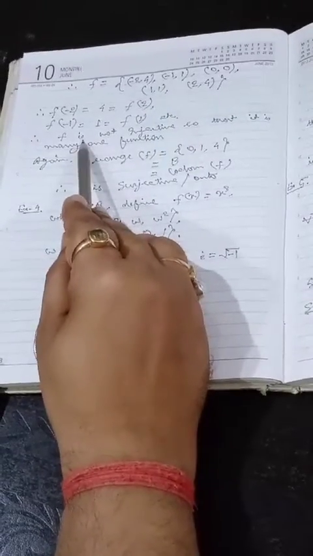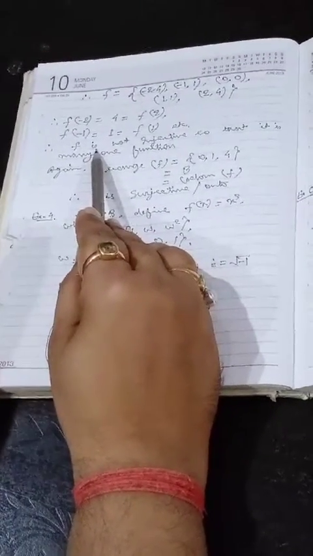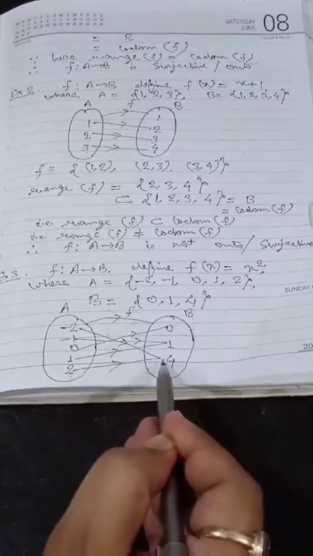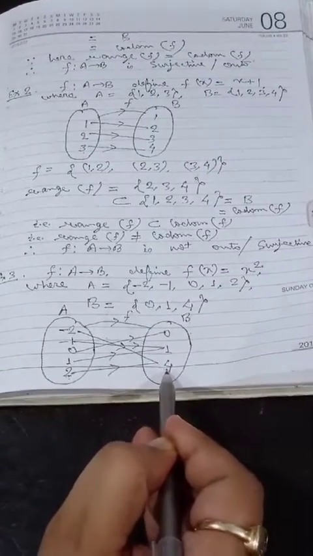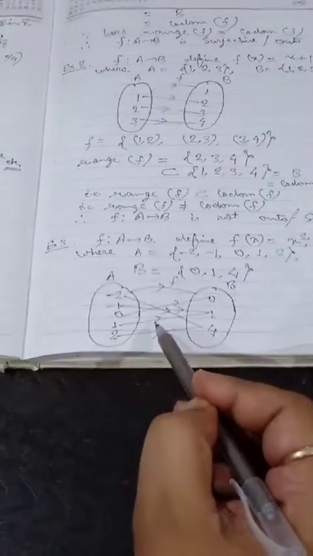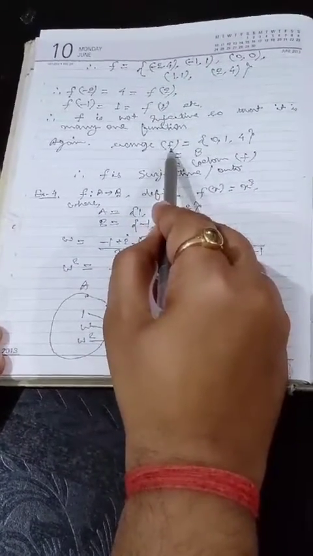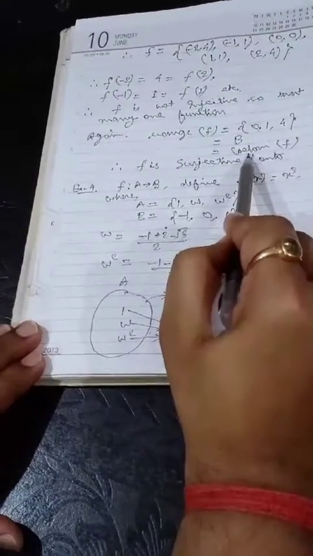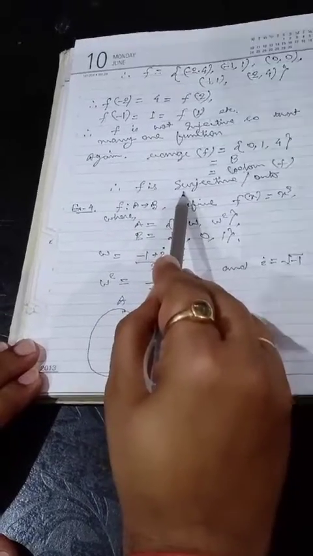So obviously, since more than one element of the domain of the function is associated with some element in the codomain of the function, that's why this is not an injective function. Secondly, we are observing that range of the function f is equal to the set containing 0, 1, 4, and it is equal to codomain of the function f. Therefore, f is a surjective or onto function.